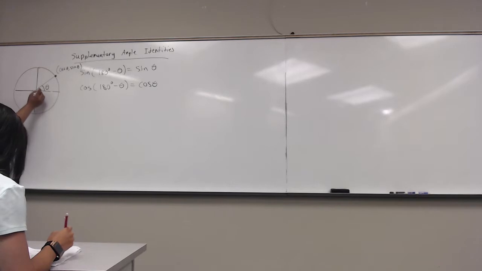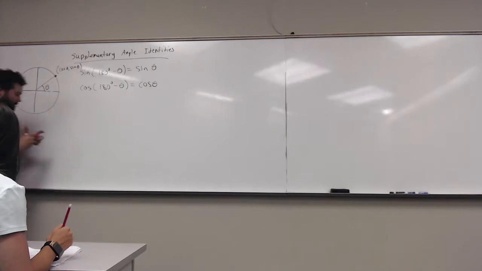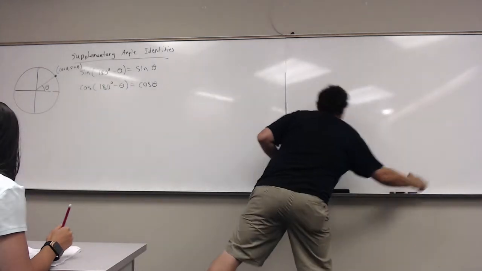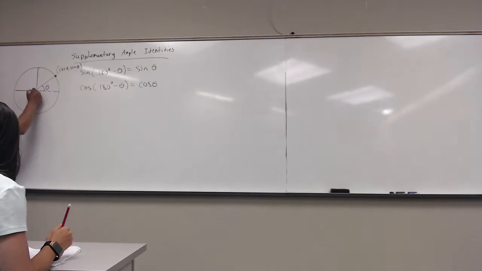You start in standard position, you go 180 degrees and then subtract theta. Okay, so this angle right here is 180 degrees minus theta. And the coordinates of this point are cosine 180 minus theta, and the y-coordinate sine 180 minus theta.